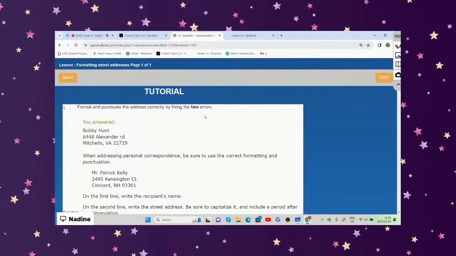It says Bobby Hunt, 6448 Alexander Road, Mitchell's VA 22929. So what are the two format or punctuation errors that we need to look at? It says Bobby Hunt.